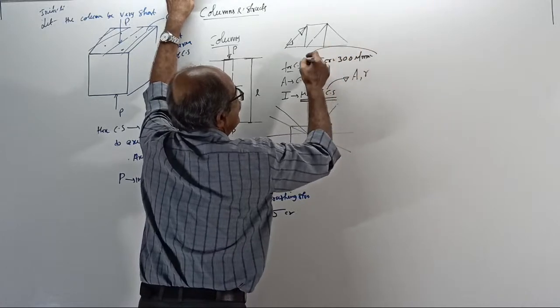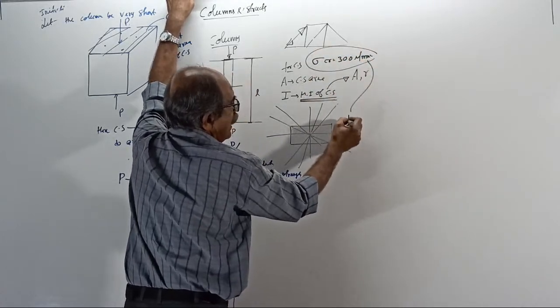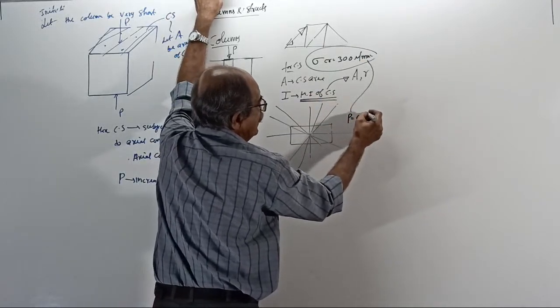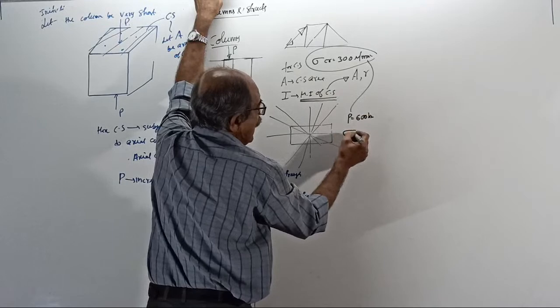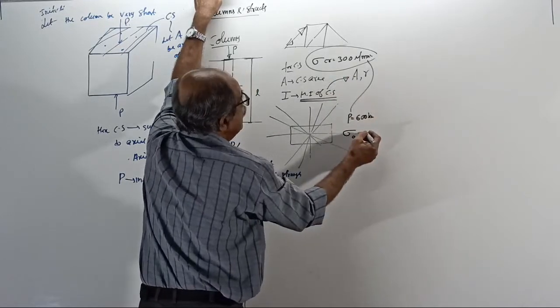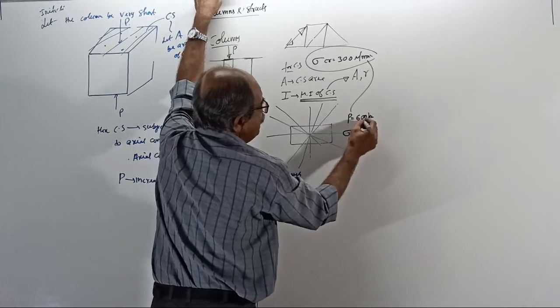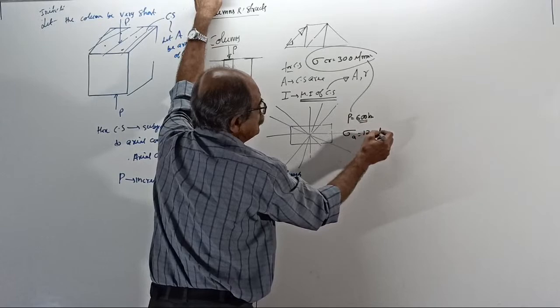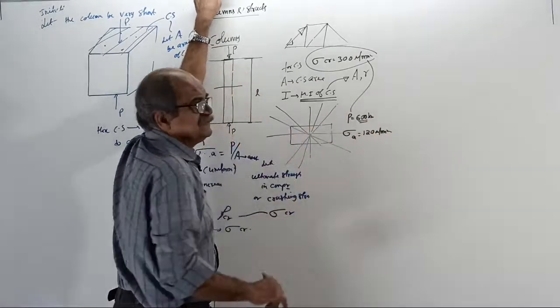Just imagine. Now, for a load of, say, 600 kilonewton, with some randomly chosen area, imagine the stress sigma axial is 120 Newton per mm square. Tell me, safe or unsafe?